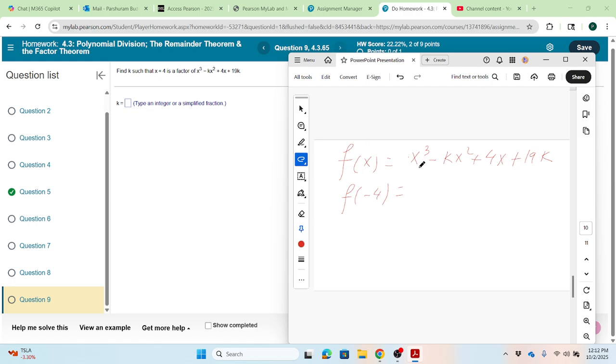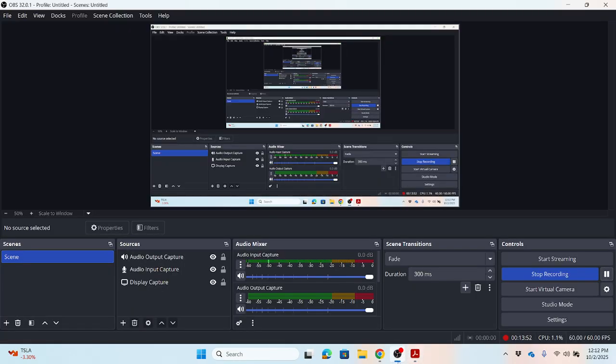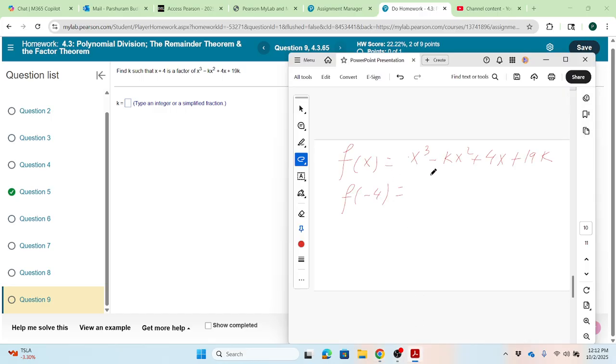So when you put negative 4 here, that would be negative 4 cube minus k times negative 4 square plus 4 times negative 4 plus 19 times k. Negative 4 is the 0 of this factor, and this is a factor of the polynomial, so negative 4 is supposed to be a 0 of this polynomial. So that means when you put negative 4, this thing is supposed to be equal to 0.